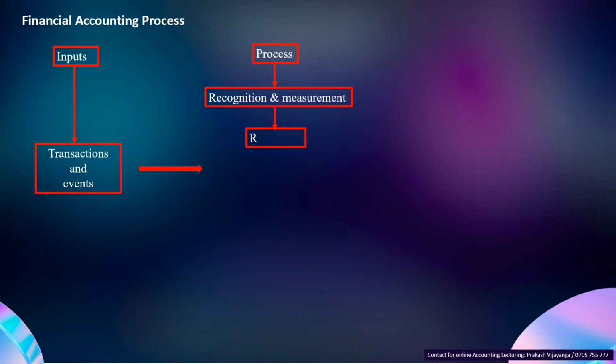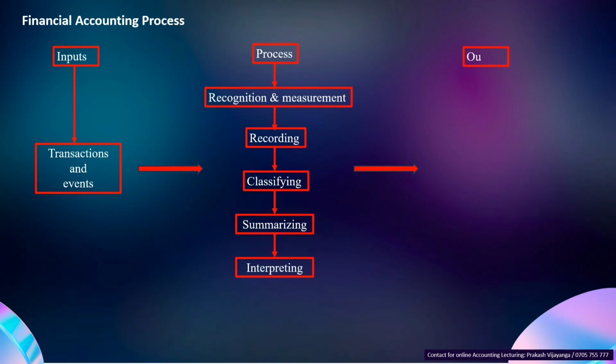The first step is recognition and measurement of transactions. After recognition and measurement, we record the transactions. Recorded transactions move to classification. Then classified transactions we can summarize.